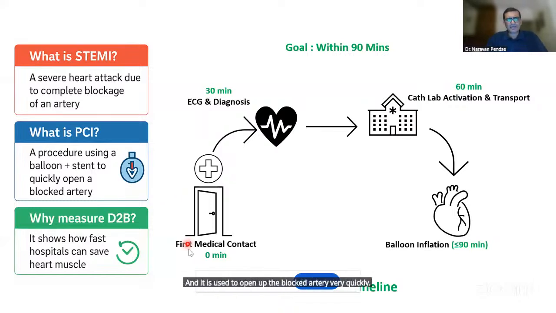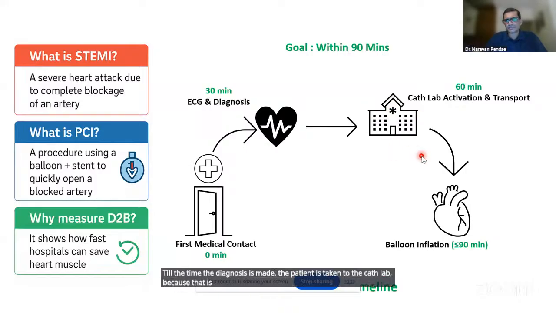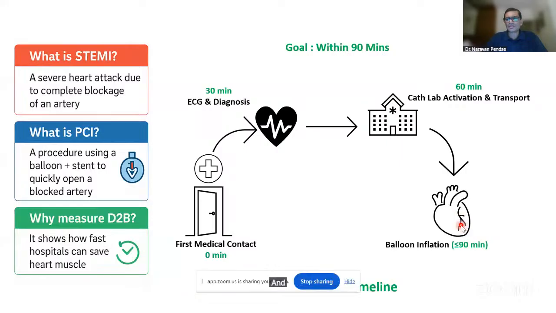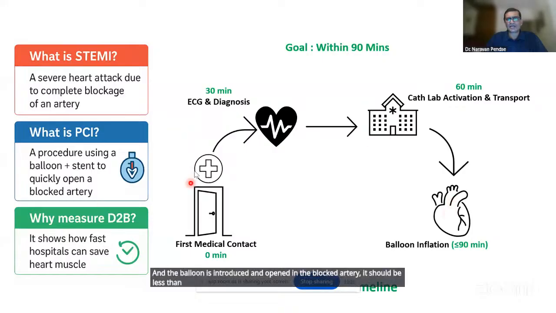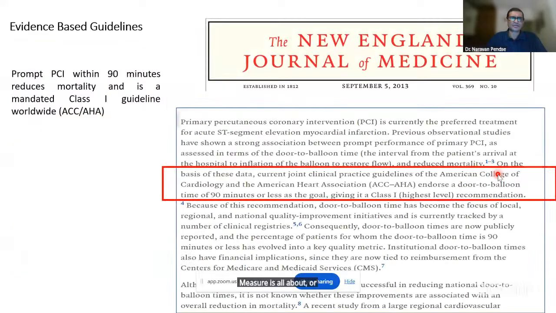The time taken from when the patient arrives in the hospital, the diagnosis is made, the patient is taken to the cath lab, where this procedure takes place, and the balloon is introduced and opened in the blocked artery, should be less than 90 minutes. So that is what this indicator is all about.